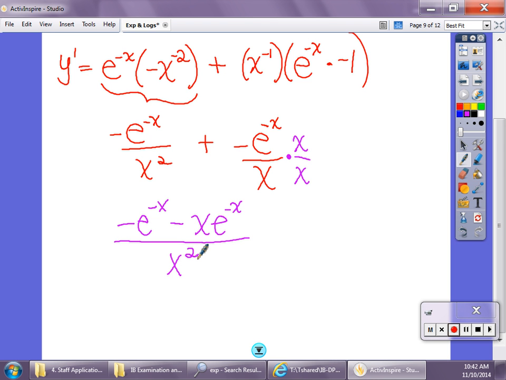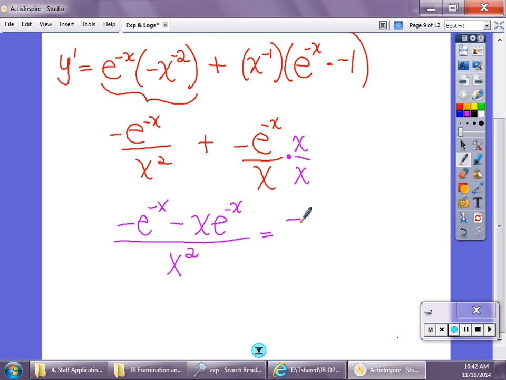Your answer may look like that. Or, what do you notice about the numerator? Look at this term and look at this term. Can you factor out something? A negative and an e to the negative x.